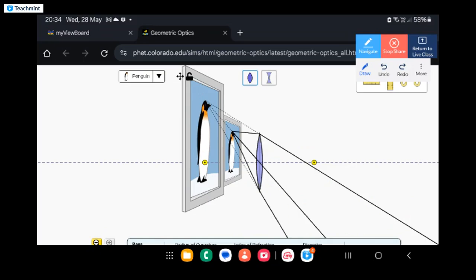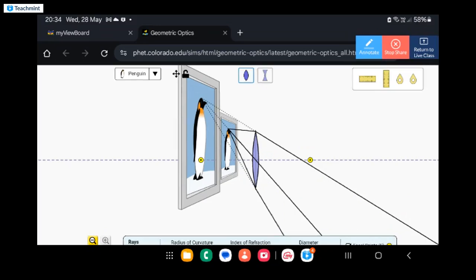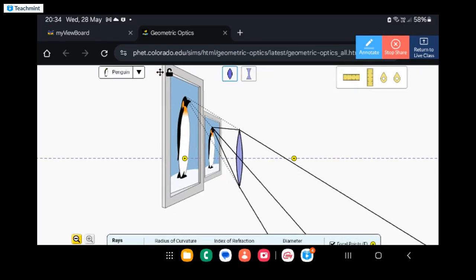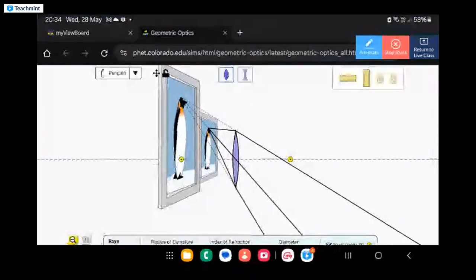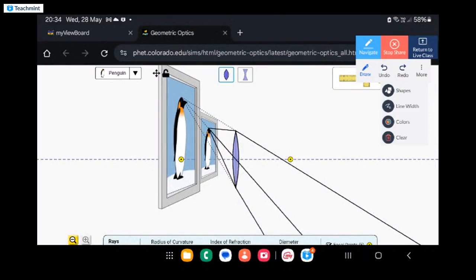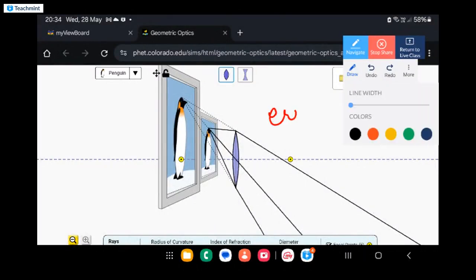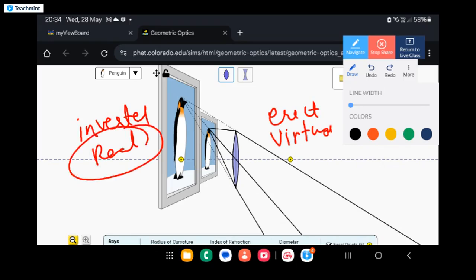Virtual means it is not meeting in reality and you are trying to make it meet. So remember this combination; ray diagrams we will be doing tomorrow. Erect images will be virtual and inverted images will be real. Real means really meeting. Virtual, you are the one who makes it meet by using the back tracing concept.